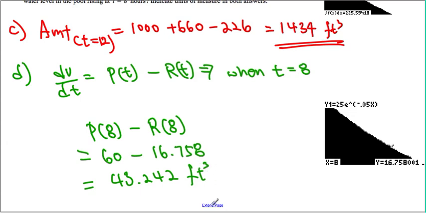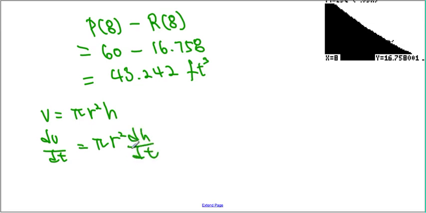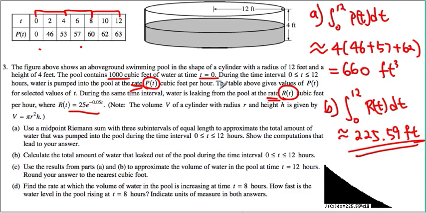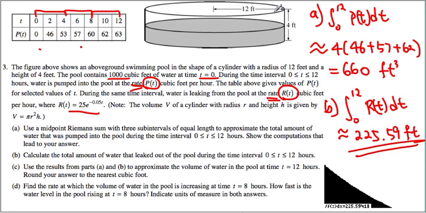But we are looking at dH dt. Since V is equal to pi r squared h, where r and pi are constant, what we end up getting is dV dt equals pi r squared dH dt. Once again, that's because r is constant as the height of the water moves up and down. Then we realize that this one was equal to 43.242, and we need to divide that by pi r squared, where r was equal to 12 squared.